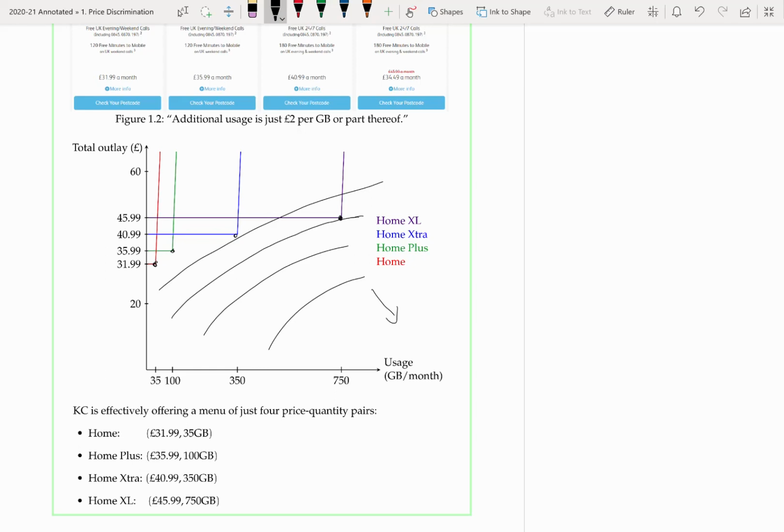Remember, consumers are free to choose any of these plans. They can't combine them, but they can choose any one of these four that they want. Those that have a high willingness to pay for bandwidth are going to buy this one. Those with a low willingness to pay are going to buy this one. And those who have an intermediate willingness to pay will buy one of these others.